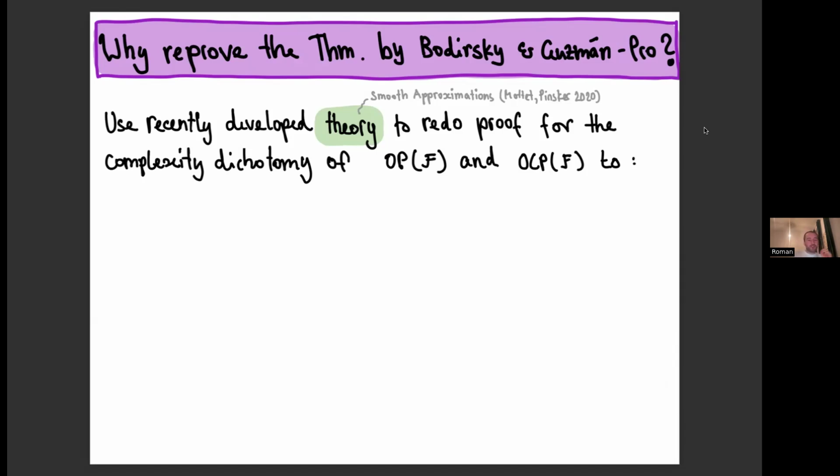Well, as I mentioned, for the scope of this tractability conjecture, there was this theory developed which is called smooth approximations, and we wanted to see if smooth approximations can actually handle this case of the graph orientation problem, because if it wouldn't handle such an easy example, then it would need some serious reconstruction somehow.